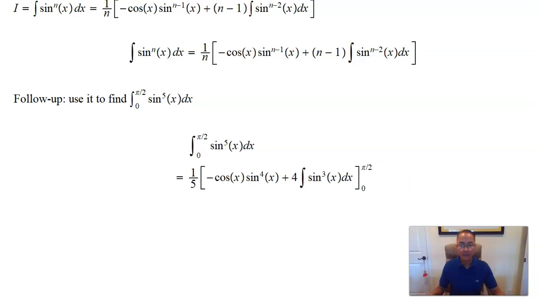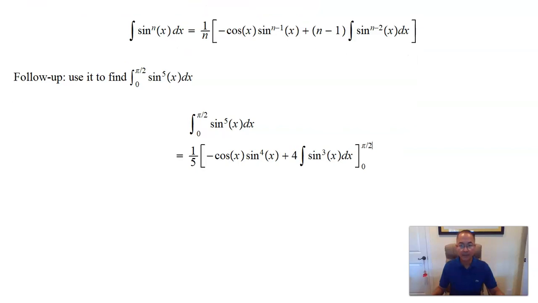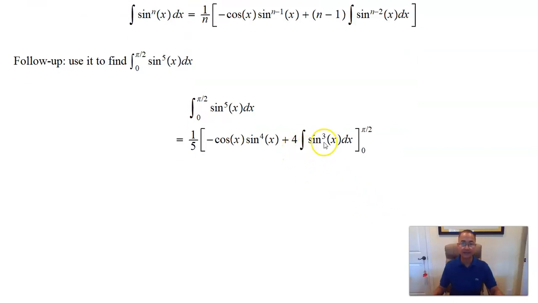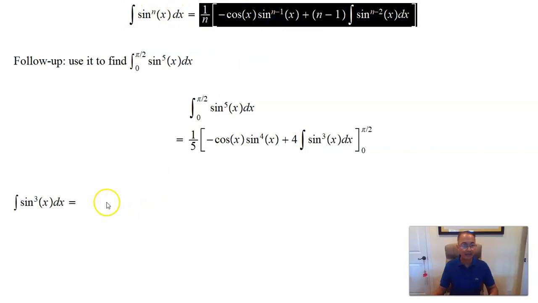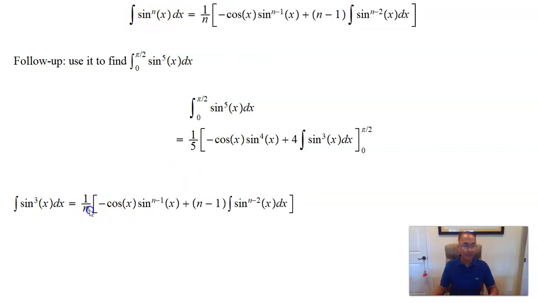One small problem though, we don't know what this second integral is, but we get to apply the formula one more time. So it's like a recursive subroutine, for those computer geeks out there. What is the integral of sine to the 3rd power? So we will copy this now, and we will get 3.